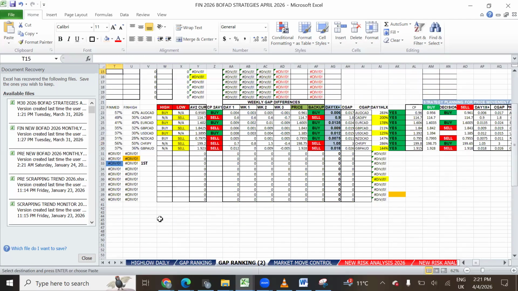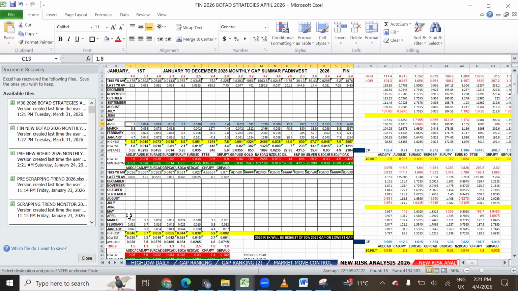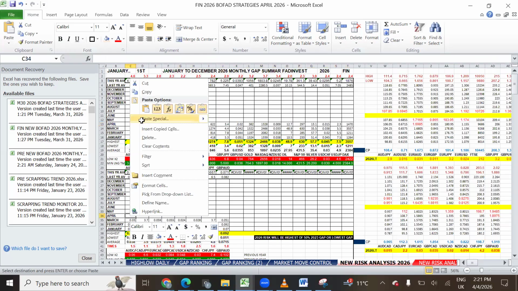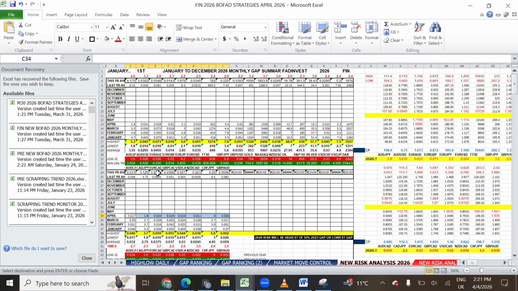I'm going to check the distance between our highest and lowest for the month so far, so again, we come there and paste. So this is the distance every month: in January, February, March, and April. That's what we have to date.